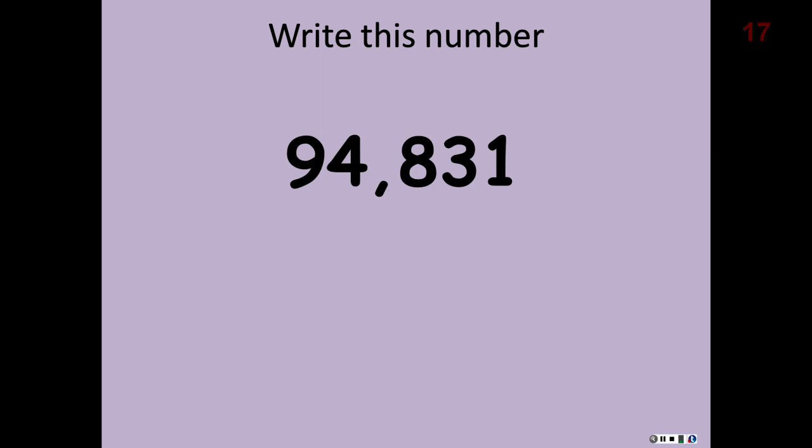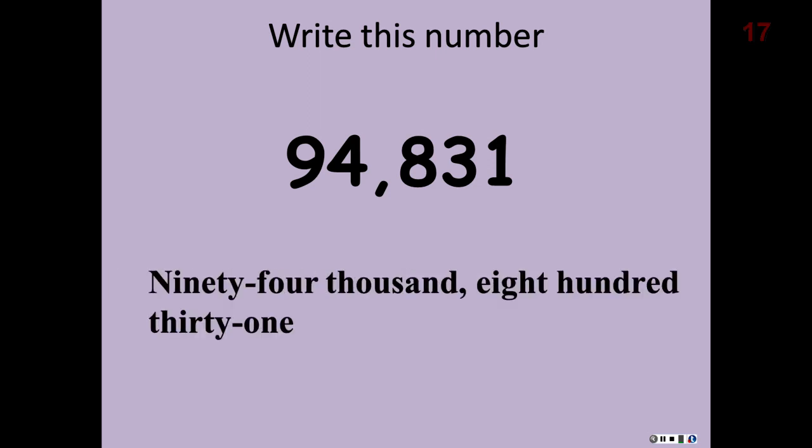Okay, so read that out loud to me. Okay. We got to get you guys' rhythm going, okay? But yeah, it's right. 94,000, comma 831. And the ninety-four and the thirty-one need to have dashes between them.